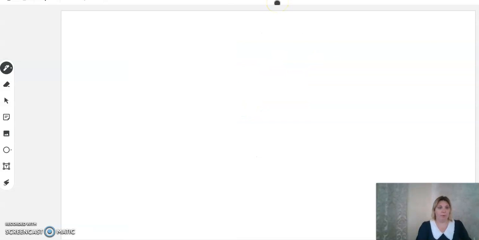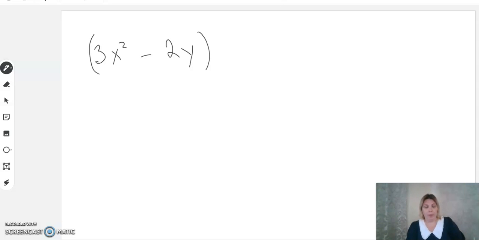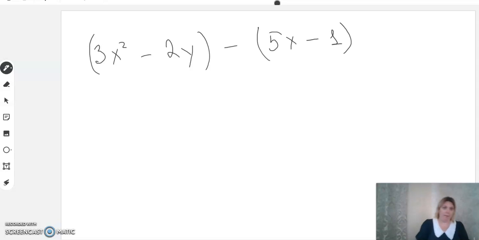Let's do another example, just to make sure. So let's see. We've got 3x squared minus 2y, and then we have minus 5x minus 1. Okay. So once again, look at the first one. This one doesn't have a minus in front of it. So that's a plus, so we're good.